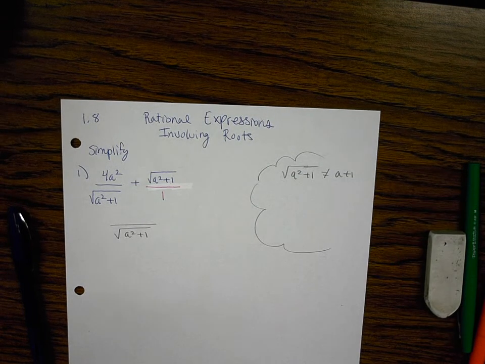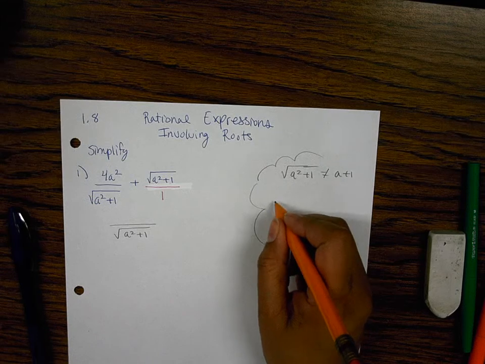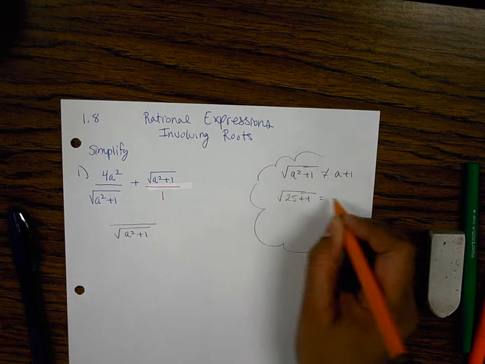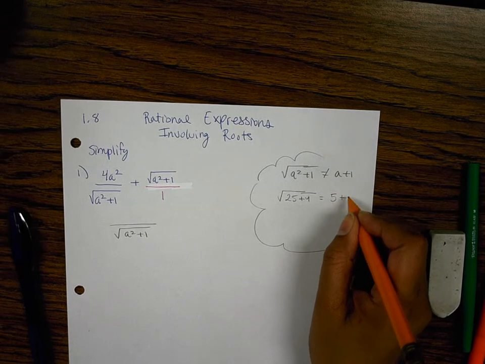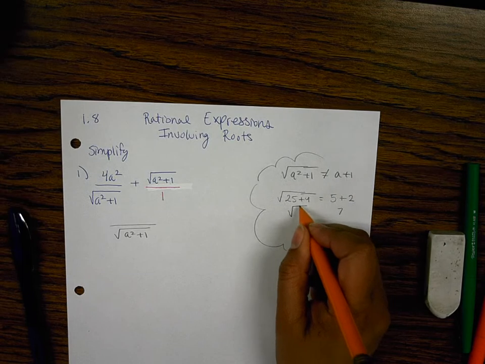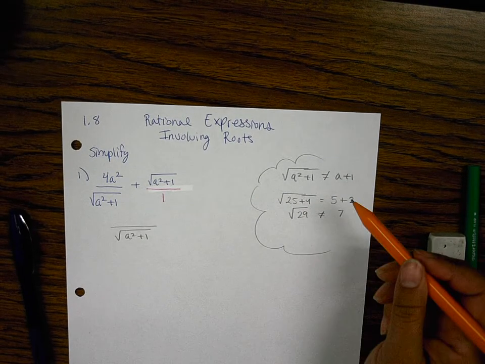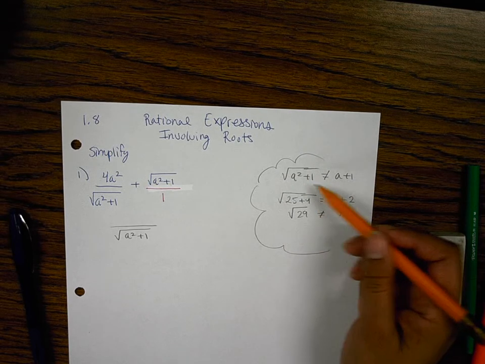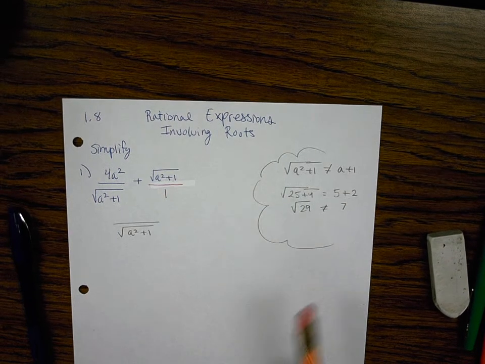The answer is no. If you think about it, the square root of 25 plus 4, if you did it this way, you would say, oh, that's 5 plus 2, which is 7. And if you did it this way, you get square root of 29, which does not equal 7. So whenever there's plus or minus signs inside the square root, you can't just pull it all out. It stays inside.